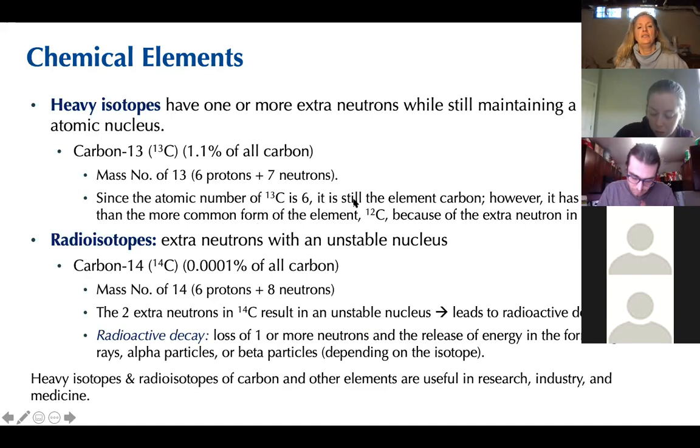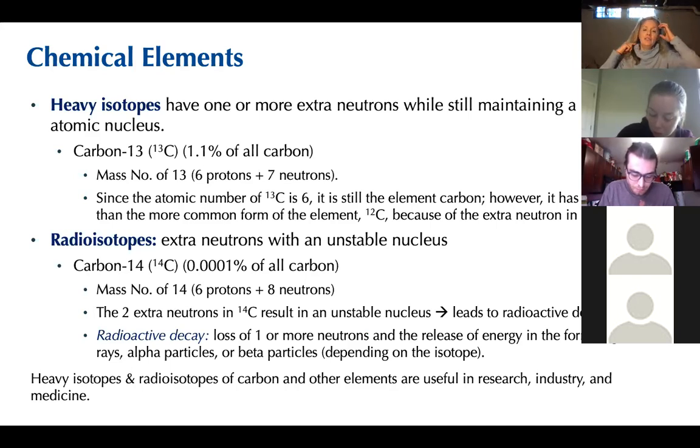So a heavy isotope is simply an element or an atom that has an extra neutron, maybe it has 2 extra neutrons in it, while maintaining a stable nucleus. It's not going to try to lose the extra neutrons. It's stable living that way. It's just simply added weight to it, okay?